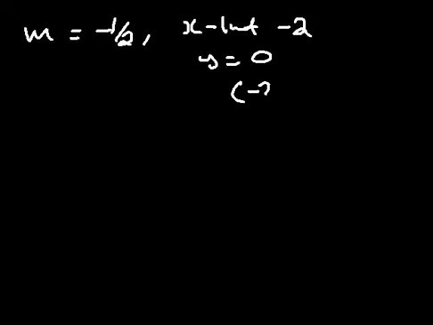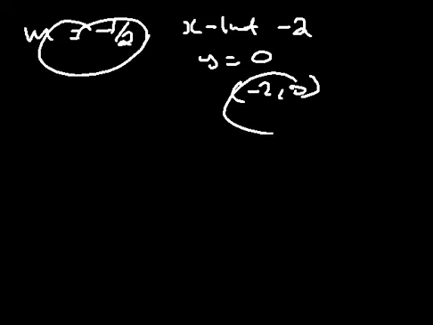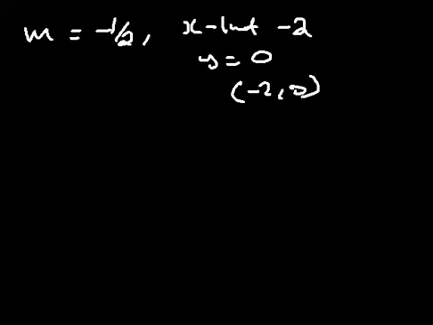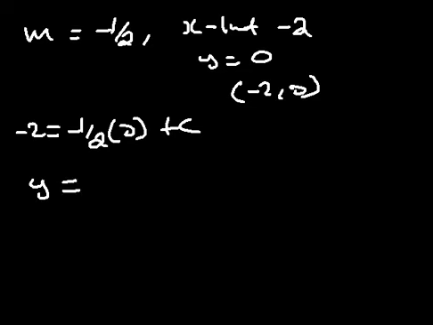Therefore, the point is (-2, 0). Now we have the gradient and a single point, so we can find the equation of a straight line. We'll have -2 = -1/2 times 0 plus c. We'll be able to solve for c here, which is -2.